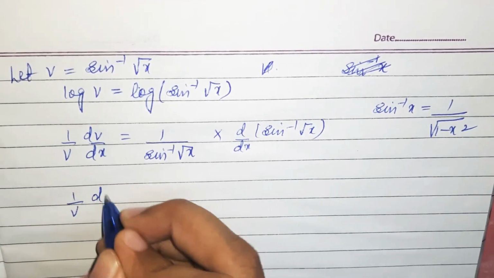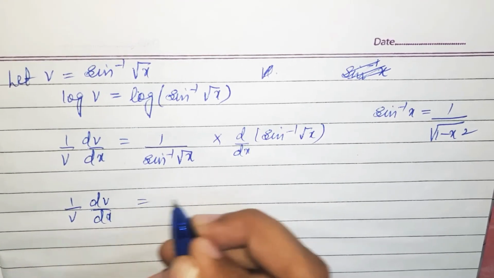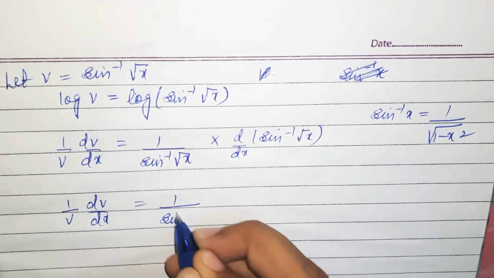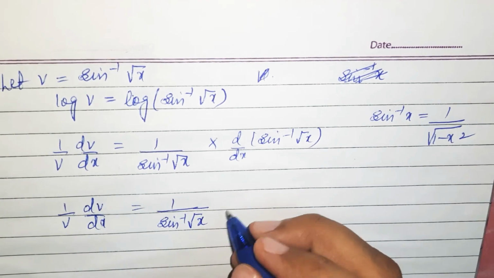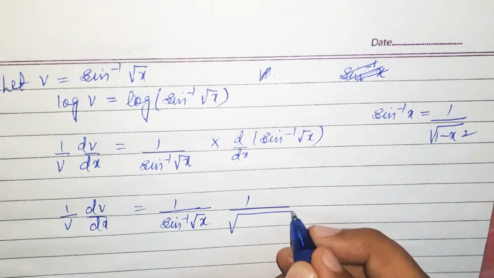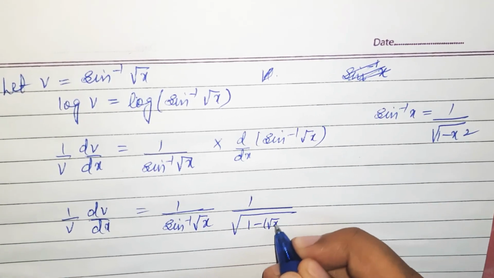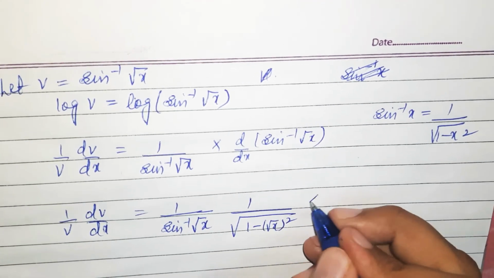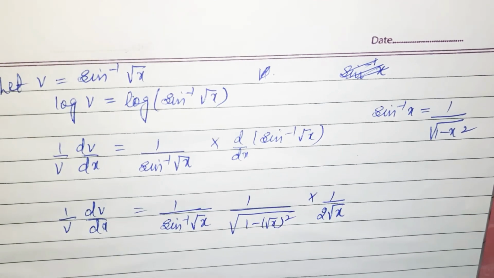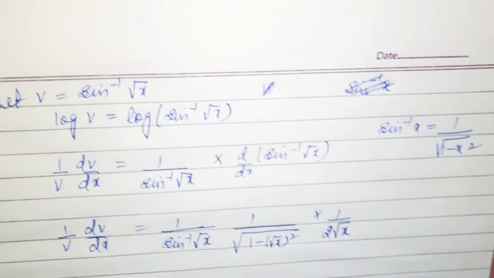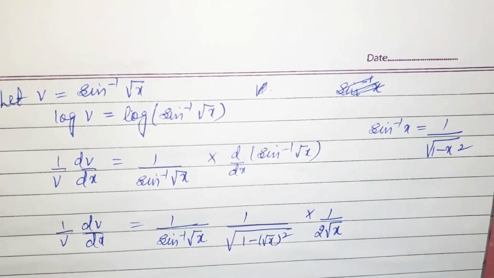1 upon v dv by dx. This is 1 upon sine inverse root x, and here I am getting 1 upon under root 1 minus root x square, and the derivative of root x is 1 upon 2 root x.